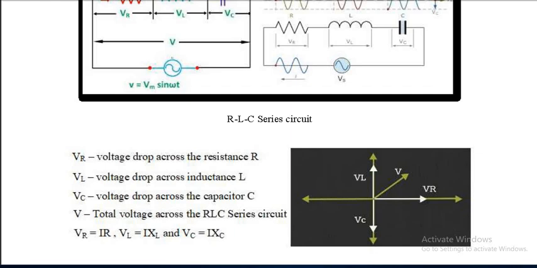Now in this case you have inductance as well as capacitance, so both the first quadrant and fourth quadrant have vectors. So how can we plot the resultant?